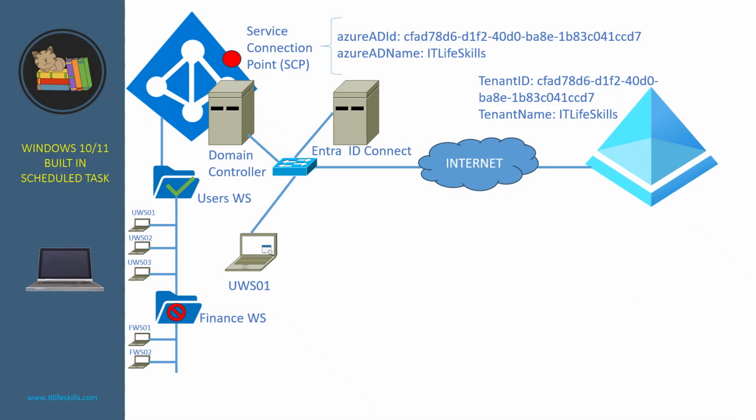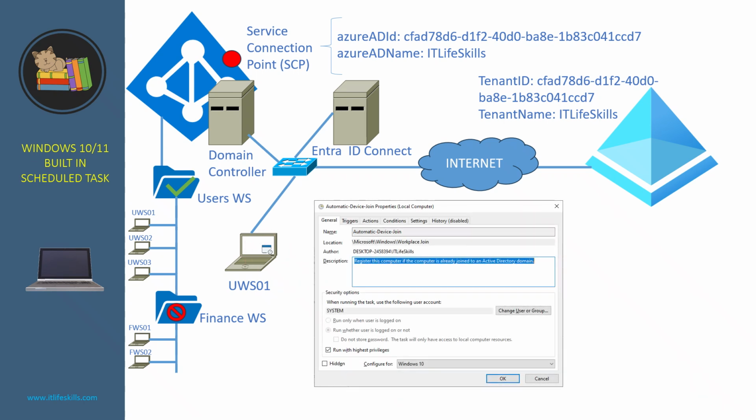To make the registration happen, Microsoft creates a built-in scheduled task that is responsible for hybrid join registration. The task name is Automatic Device Join and it is at the location Task Scheduler Library, Microsoft, Windows, Workplace Join, and the task runs at log on or periodically every hour or so.